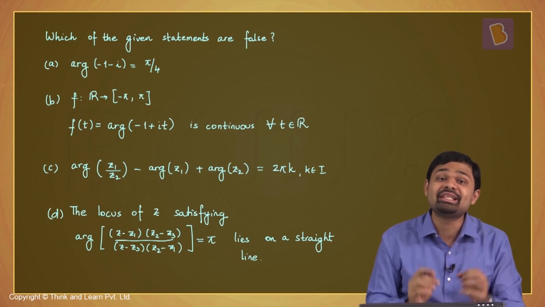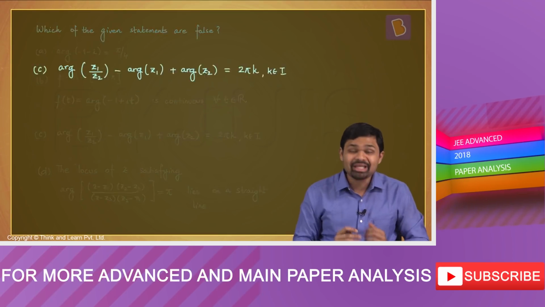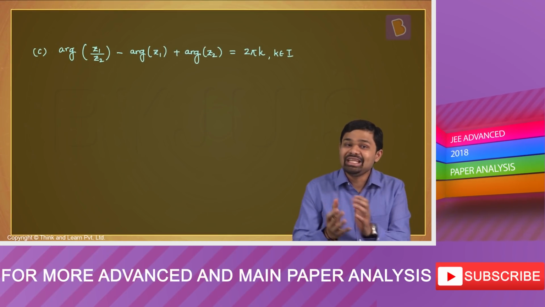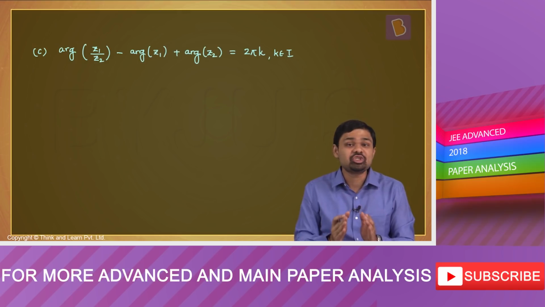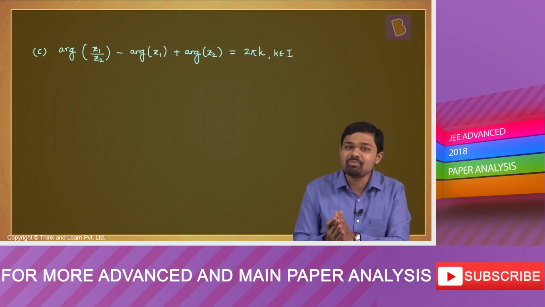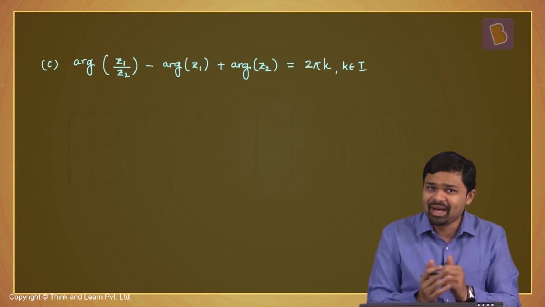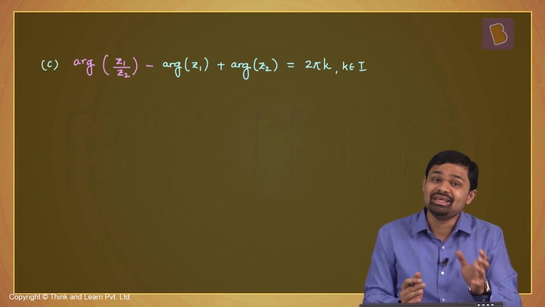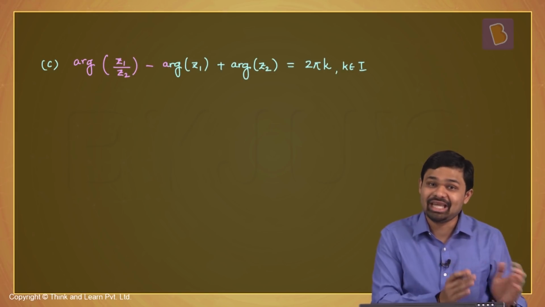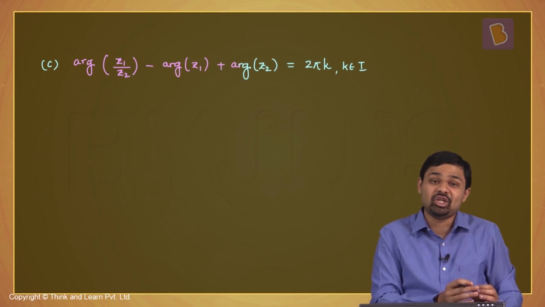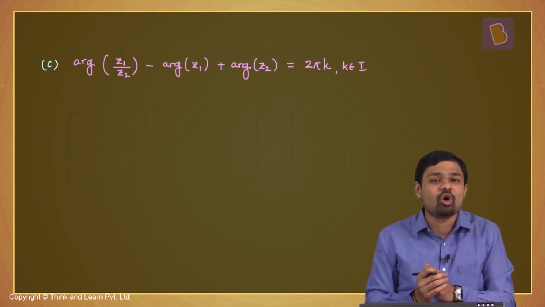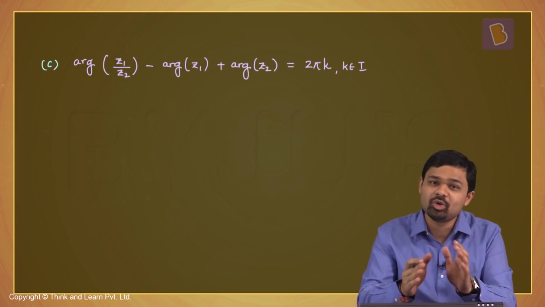Next, I'm going to look at the third option. In the third option, they've asked us to check if the argument of z1 by z2 minus the argument of z1 plus the argument of z2 is some integral multiple of 2 pi. To be very honest, I don't like this question.